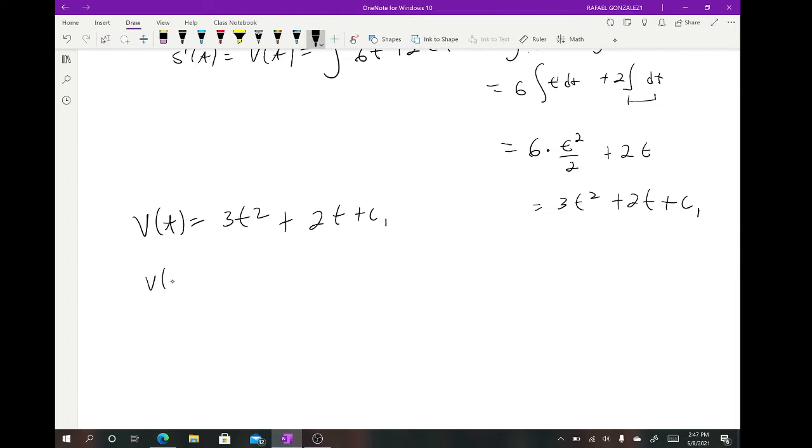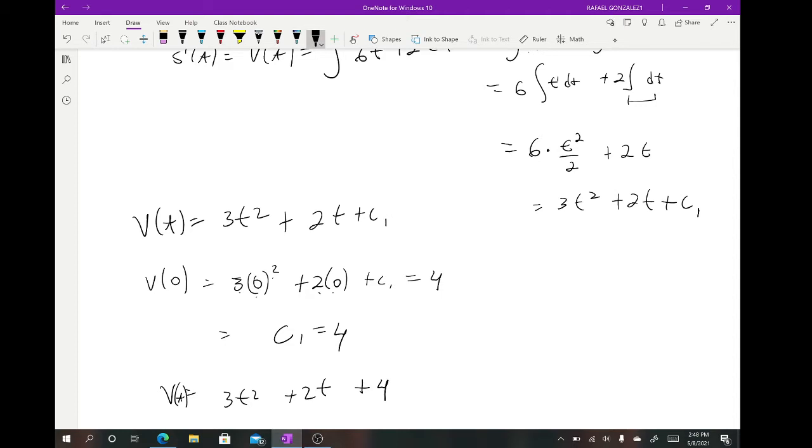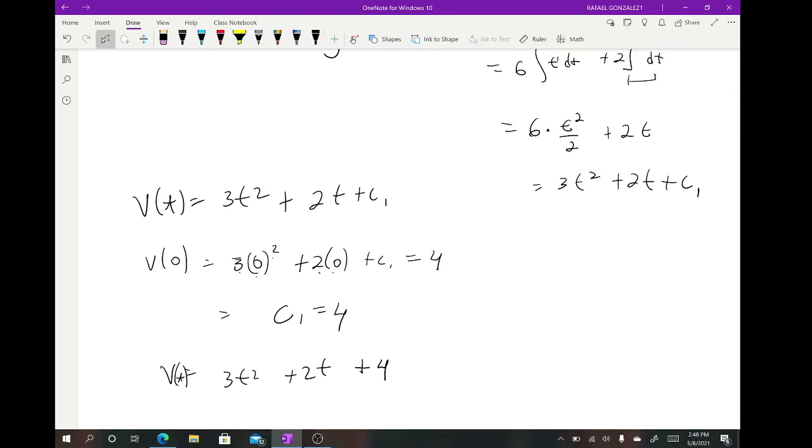So if I plug in 0 for t, I get 3 times 0 squared plus 2 times 0 plus c1 should be equal to 4. But notice that 3 times 0 squared is 0, and 2 times 0 is 0, so I get that c1 is equal to 4. So now I have that my velocity function is really 3t squared plus 2t plus 4.